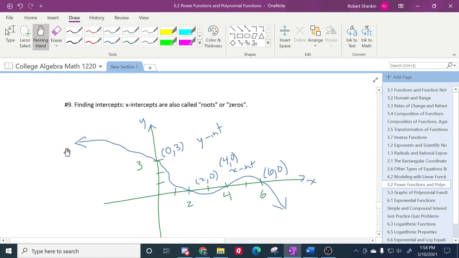Now, notice that we have multiple x-intercepts. We would never have multiple y-intercepts, because if it hit the y-axis here and then later hit the y-axis down here, it's not a function. A function has to pass the vertical line test. A vertical line would be hitting our graph more than once. So generally, we can have as many x-intercepts as we want.